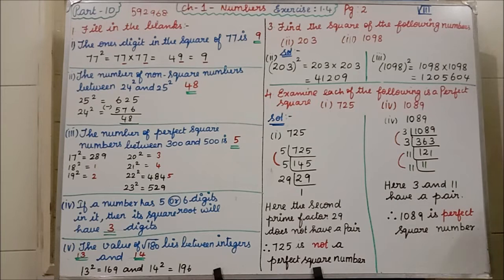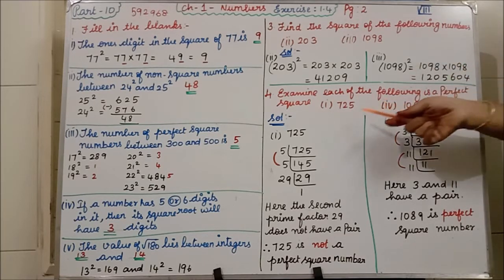These are perfect square numbers. Is 64 a perfect square number? Yes, because 8 eights are 64. Is 56 a perfect square number? No, it is not. Is 49 a perfect square number? Yes, 7 sevens are 49. Clear? So like that you have to do here.